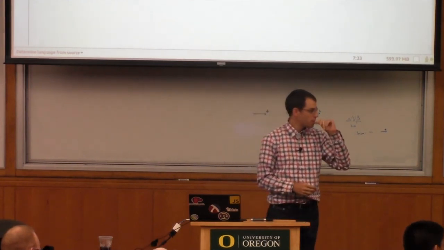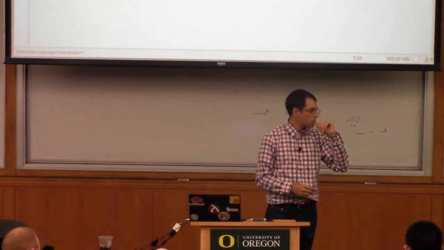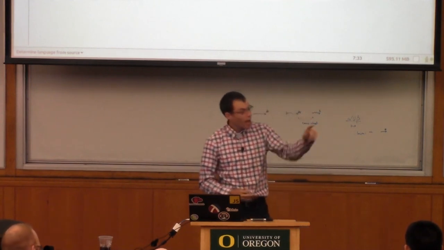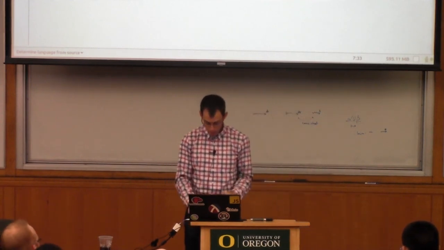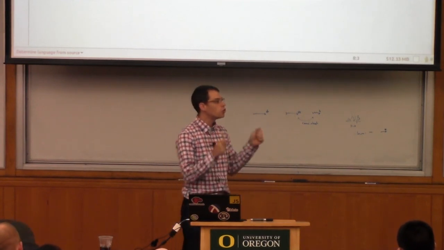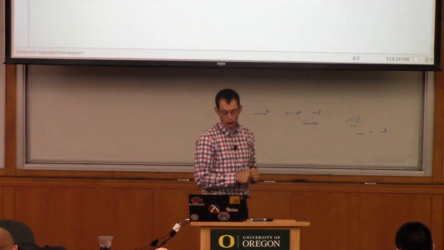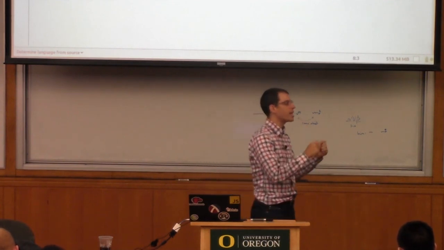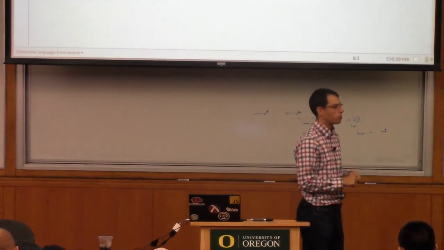Yeah? Don't you need to decide what happens if two values evaluate to the same value? Yeah, which value should we produce if our function produces the same thing for two elements? What should we produce?